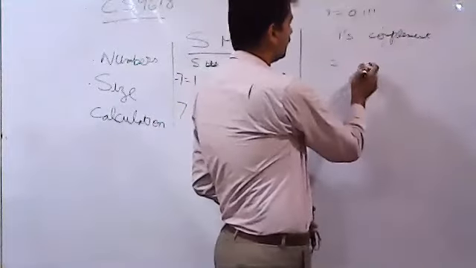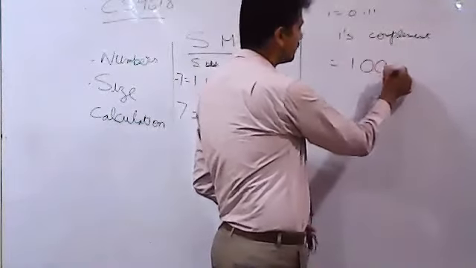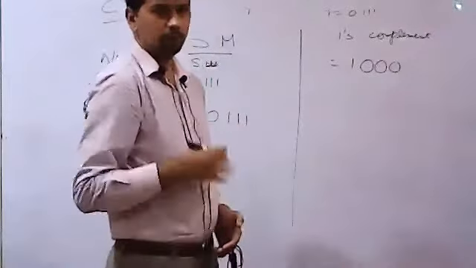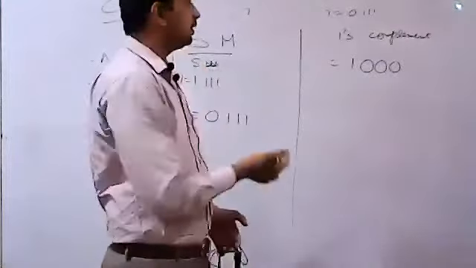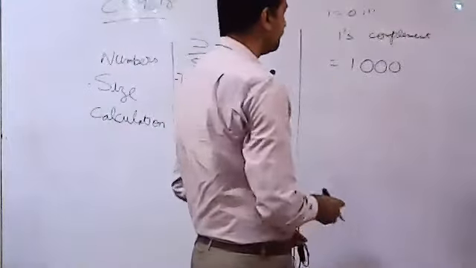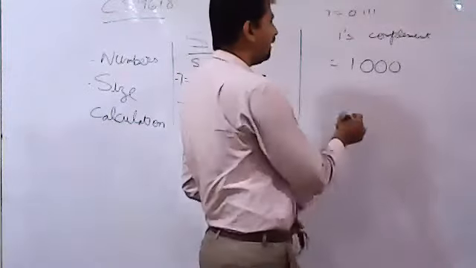So 0 becomes 1 and 1 becomes 0. It doesn't matter if you start from the right or from the left. Just take the reciprocal of the value and this is your 1's complement. Now to make it 2's complement, add 1 into it.